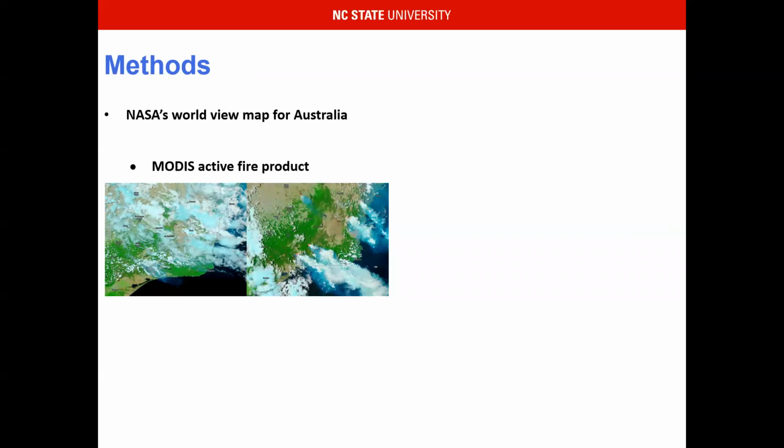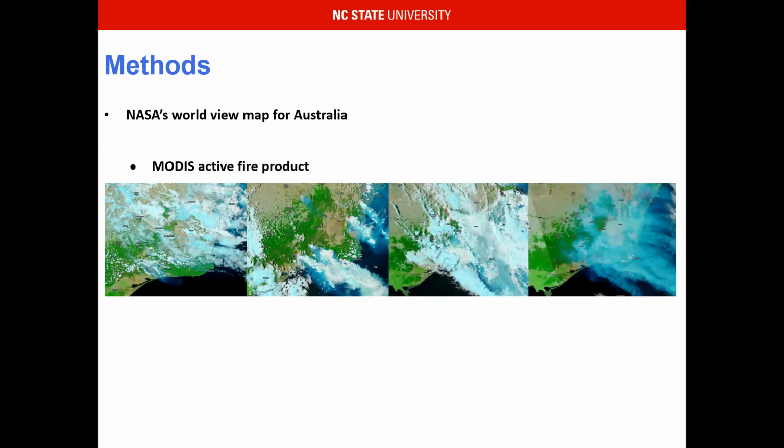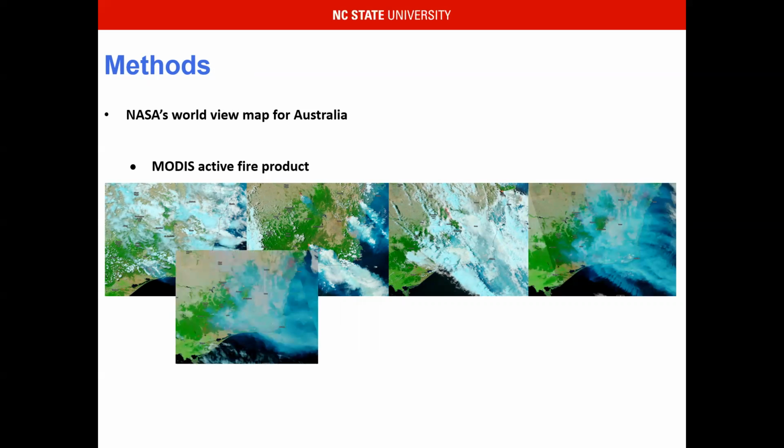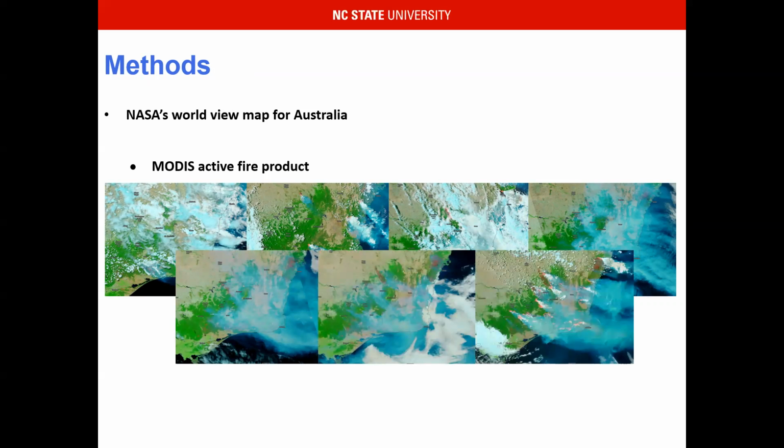To determine burnt area from the 29th of December to the 4th of January, NASA MODIS maps are used. As seen here, day-by-day changes are represented, and the dark red scars represent burn scars, and neon red scars represent the active fire areas.